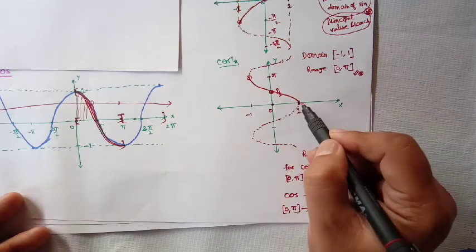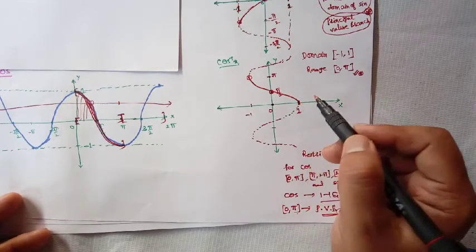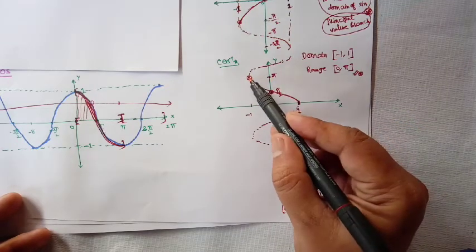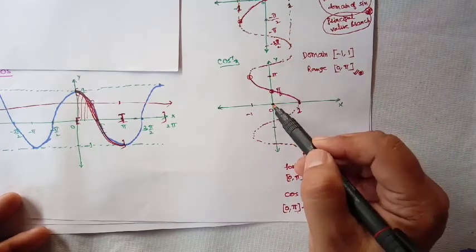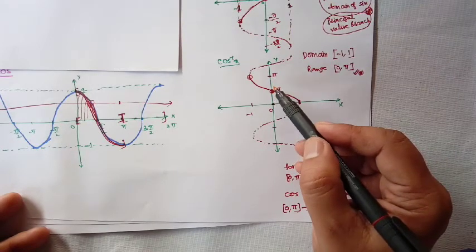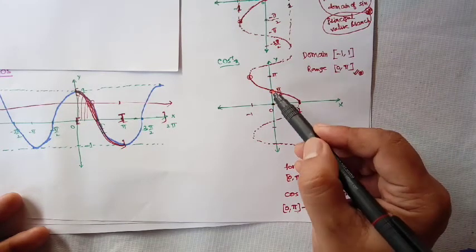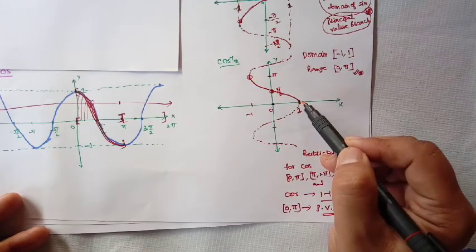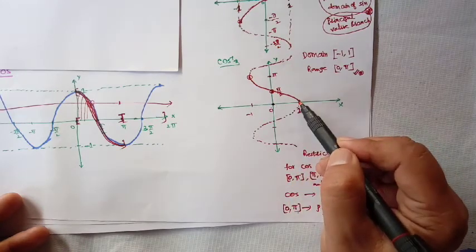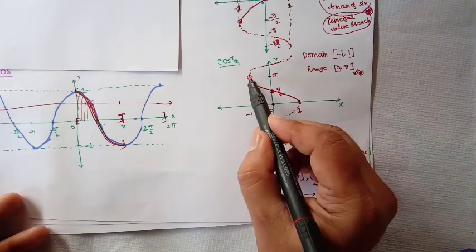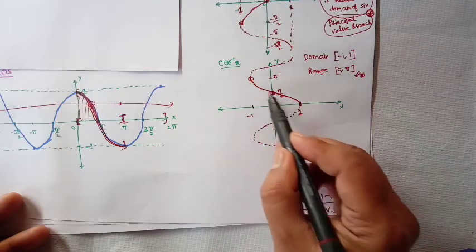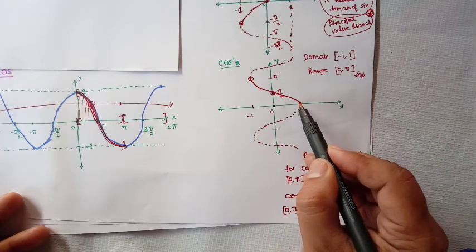How is cos taken? Cos pi is equal to -1, so at -1 it is pi. Cos pi by 2 is 0, so at 0 you make it pi by 2, and at 1, cos 0 is 1, so it is 0. So this way we make it. These are the points, and joining all of these, this is the main graph of the cos inverse.